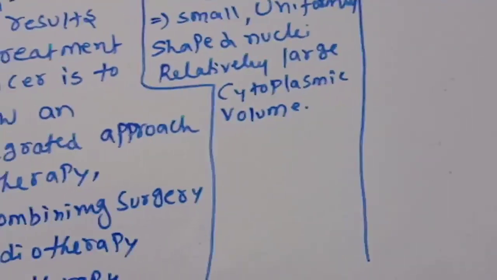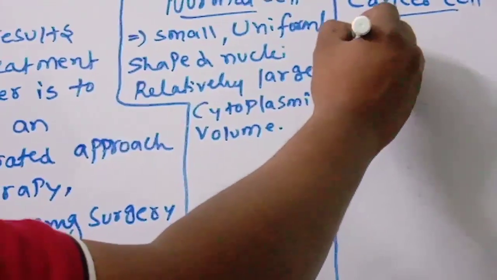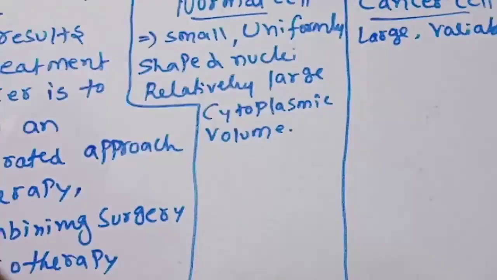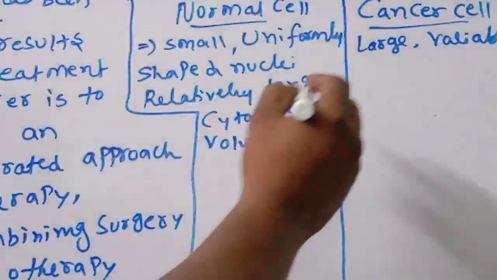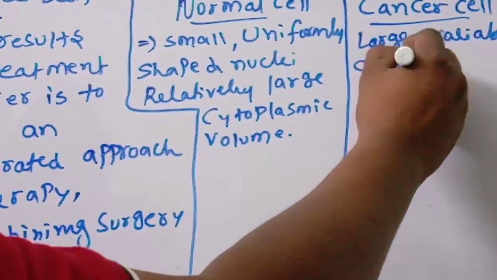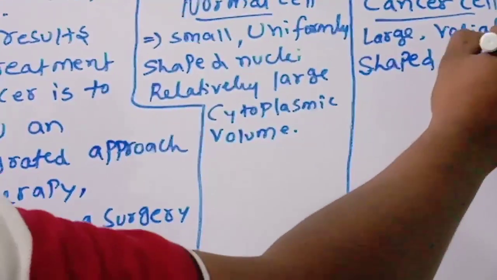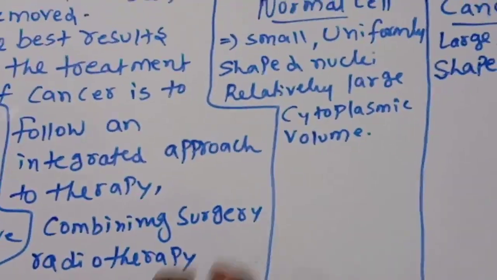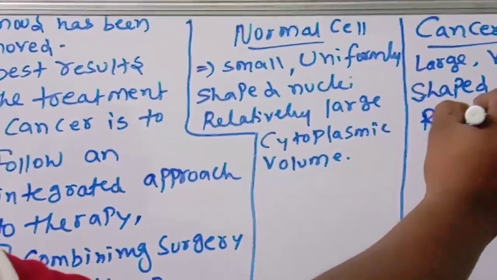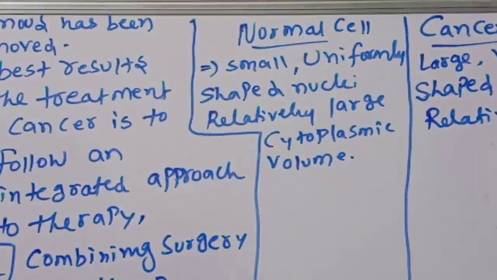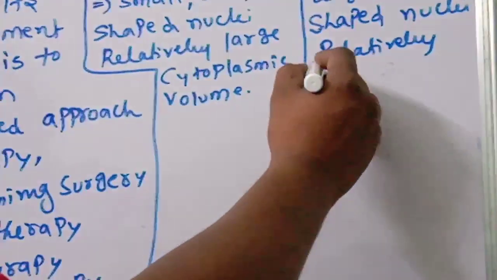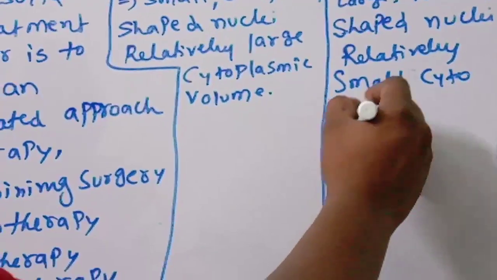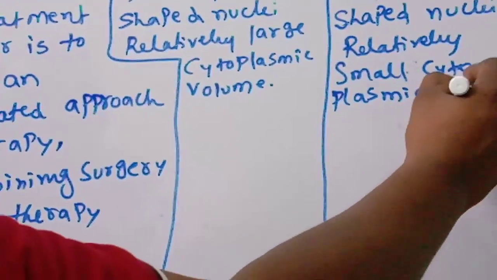This is important. Next, cancer cell has large, variable shaped nuclei, relatively small cytoplasmic volume.